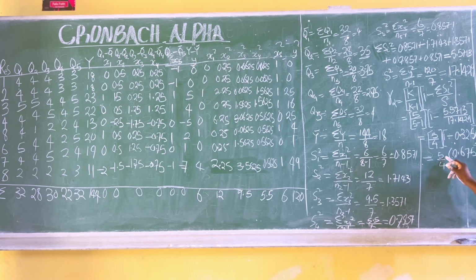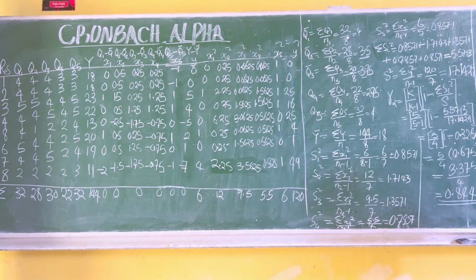So 0.675 times 5 equal to 3.375. All of that over 4 equal to 0.844, approximately 0.844. So our Cronbach alpha computed is 0.844.